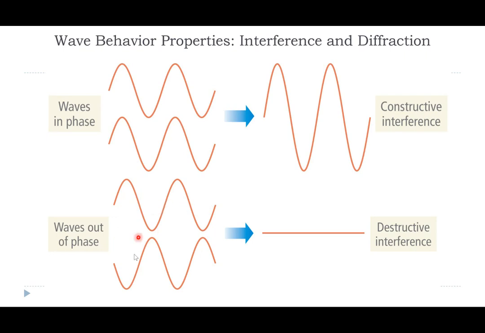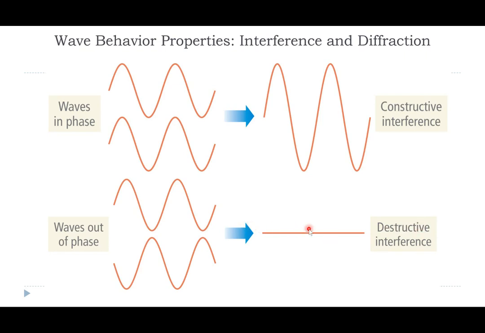If two waves interact or interfere and they are out of phase, what does that mean? A peak and a trough, and a peak and a trough, and a peak and a trough. So they're kind of opposites. So if waves interact and they're out of phase, we have destructive interference. What is destructive interference?